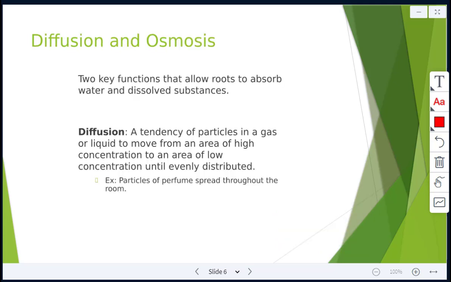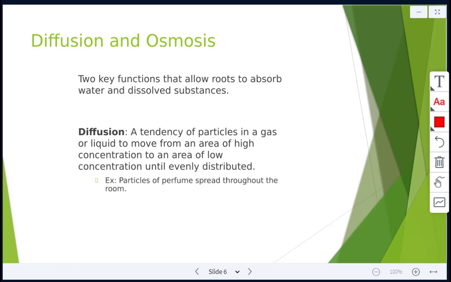Next, we're going to talk about diffusion and osmosis. Now, these are 2 very important functions that allow roots to absorb water and dissolve substances. So the first is diffusion. Diffusion is when particles move from an area of high concentration to an area of low concentration until they're evenly distributed throughout that area.